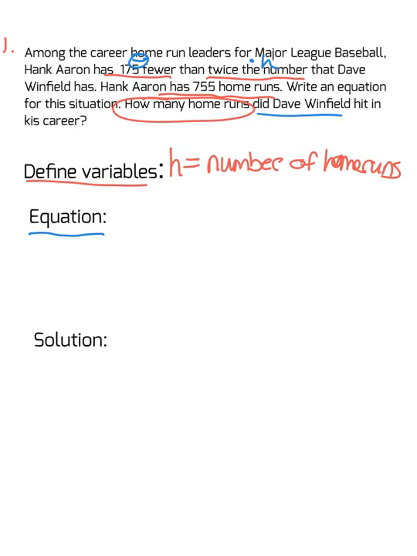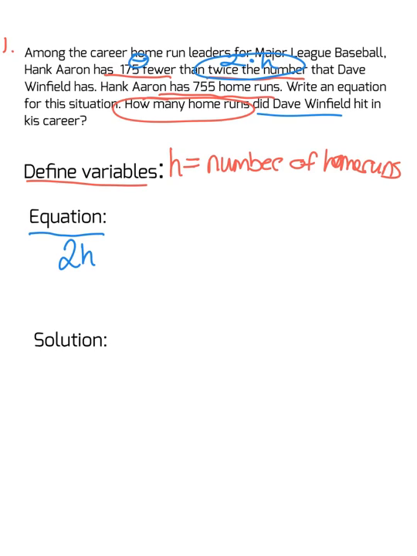Even though it came first in the problem, it's saying whatever this part is, Aaron has 175 less than that. So we definitely want to start off with this 2, so twice the number means 2 times the number of home runs that Dave Winfield has.